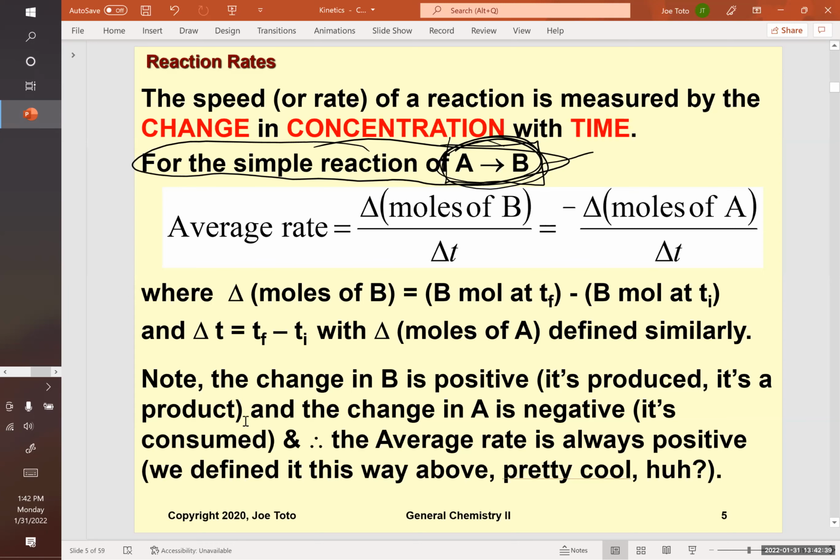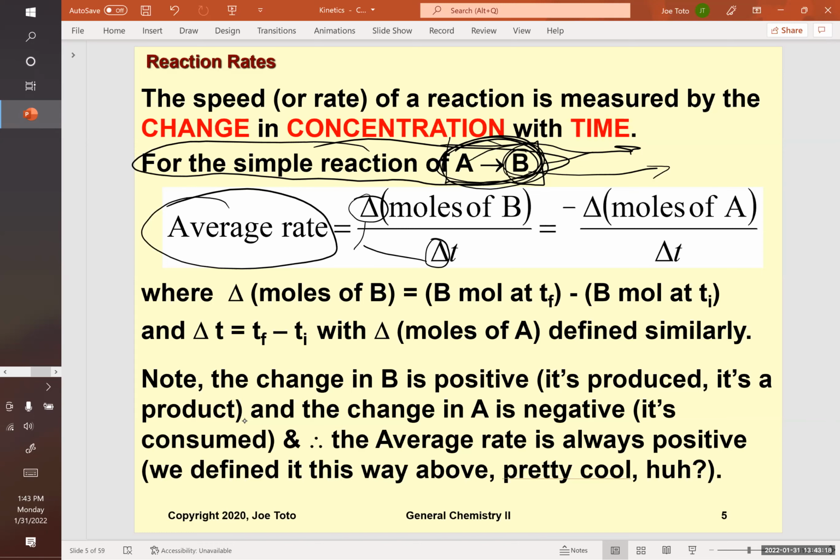Okay, maybe that's a possible solution, but the way that we do it is we do one or the other. So we look at the rate of consumption of A over time, or the rate of production of B over time. The expression for something like this is shown here in this equation, where I have delta, the Greek symbol, moles of B over delta t.